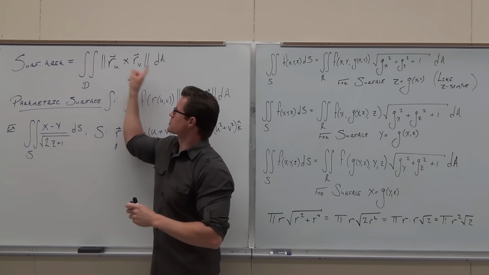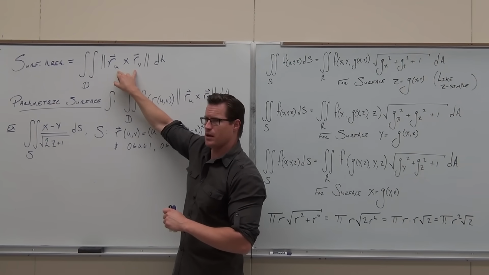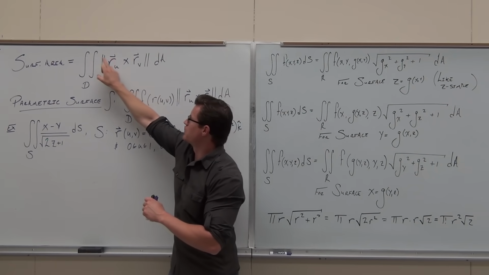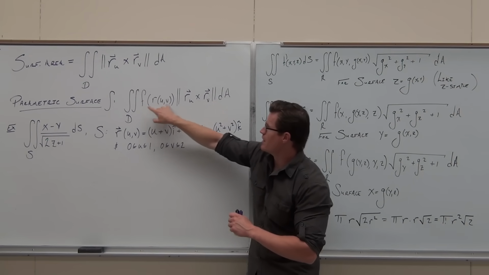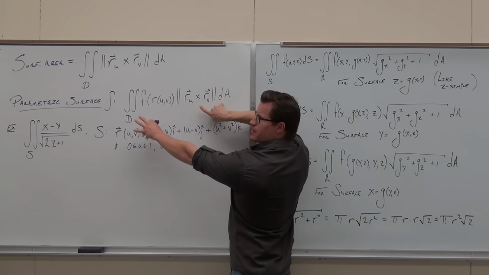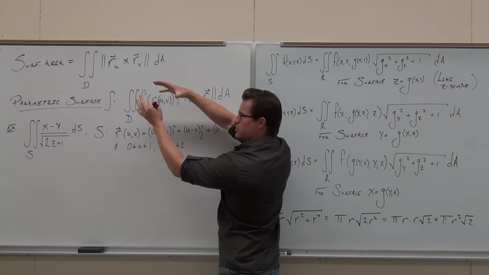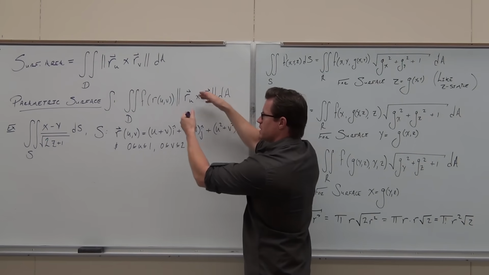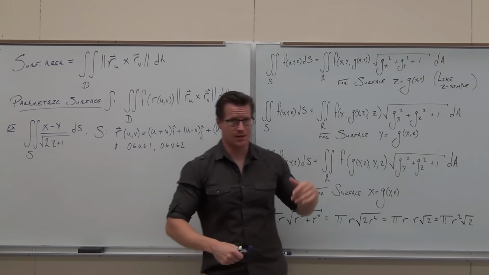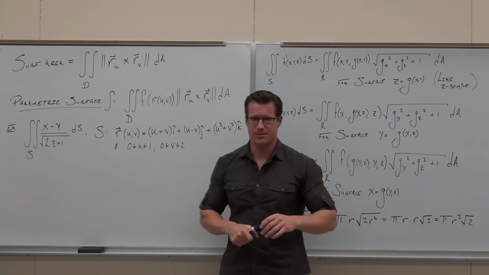If this is surface area of the surface parametrically defined, and we just take and put a mass density function right here, then we have surface area, the idea of mass at every point across the surface, and add it all up, and this should give us the same thing that this does, which gives us mass of a surface if that is the mass density function.